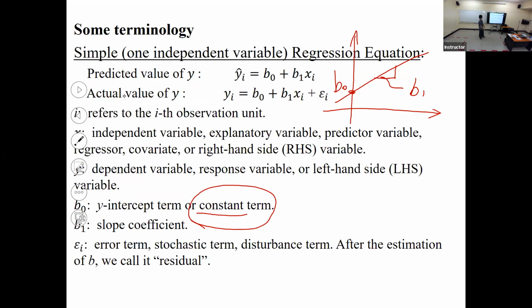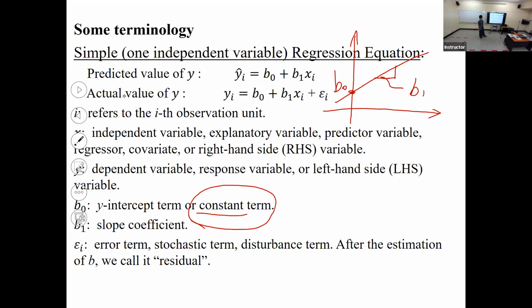Okay, B1. B1 is the most important purpose of doing this analysis. Basically you want to find B1. B0, you don't care. You're not really interested in B0. But B1 is something you're most interested in.